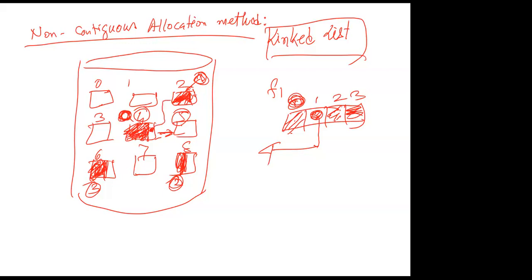In this one number block, it also maintains where the next block, the two number block, is. So it will link to this place where the two number block is.